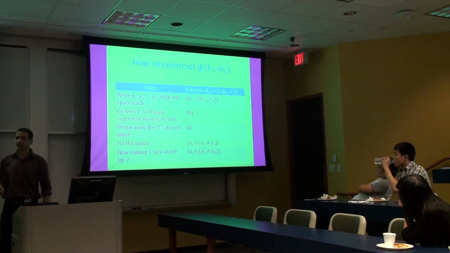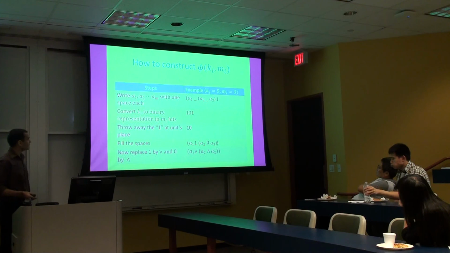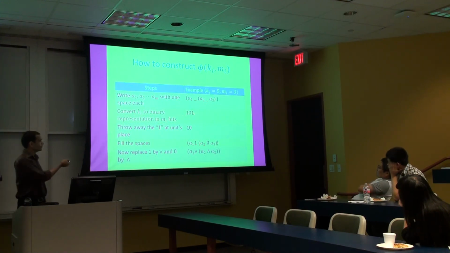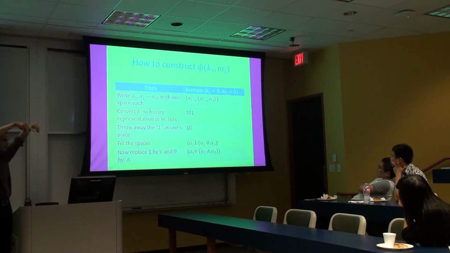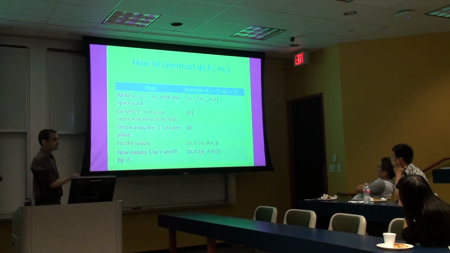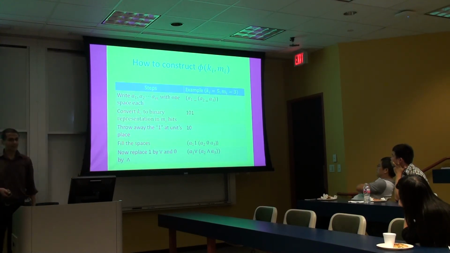How do we represent ki in binary? 1, 0, 1. Right? 1 plus 2 raised to 2. We throw away the last one. So we have 1, 0. We put these 1, 0 just like that, dropping them into the spaces. So it is a1, 1, a2, 0. And you replace 1 by or, 0 by and.